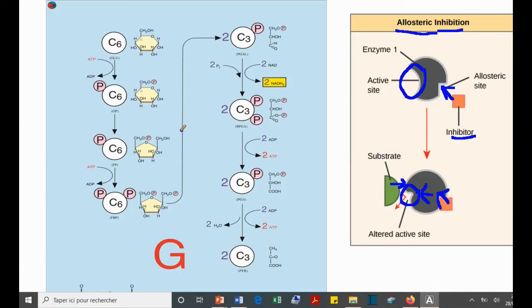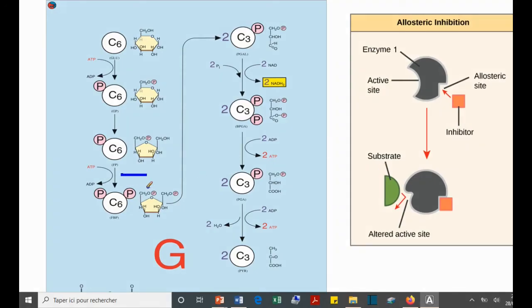So when there is dioxygen in the medium, there is a lot of citrate and ATP produced by the Krebs cycle and the oxidative phosphorylation process, and they're going to inhibit, so they're going to modify the third enzyme, which will act here.